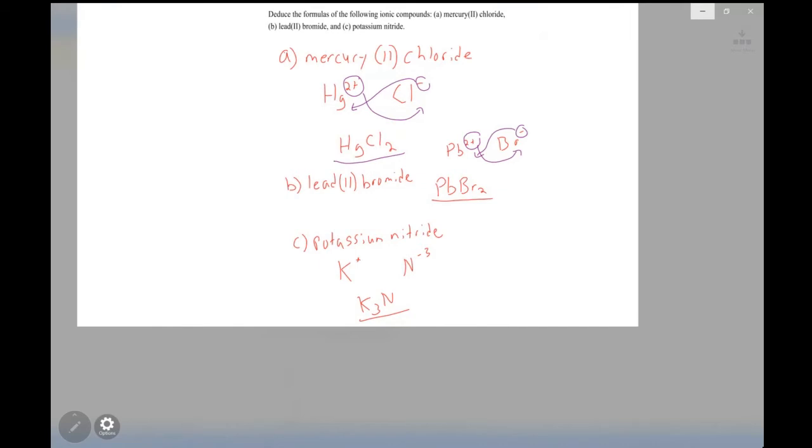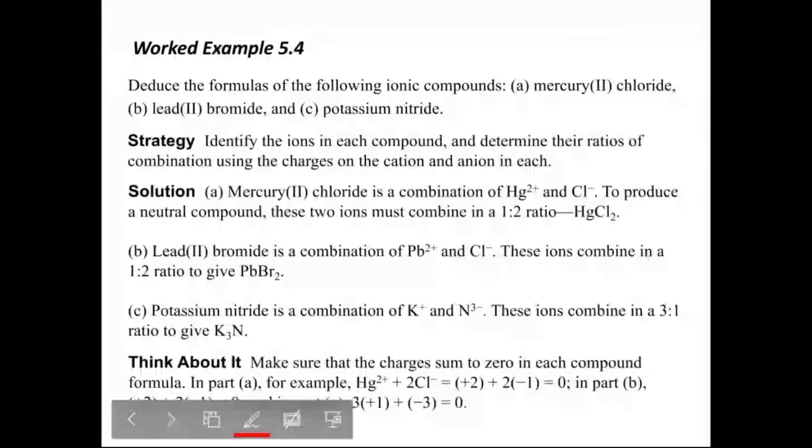So those are your A, B, and C for this one, and you also have those answers here in the slides.